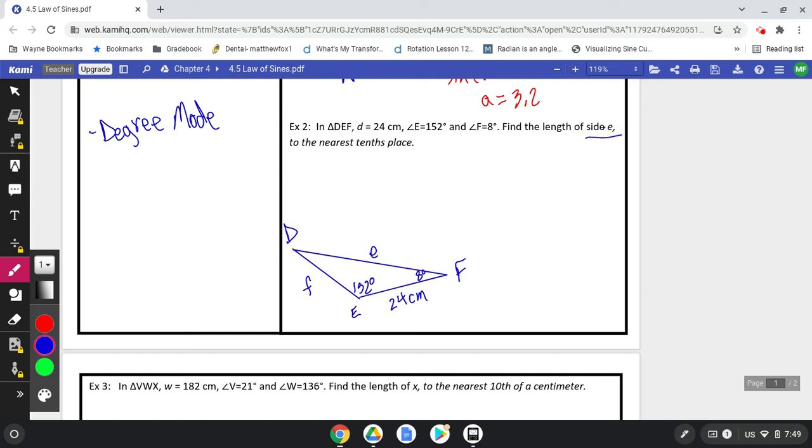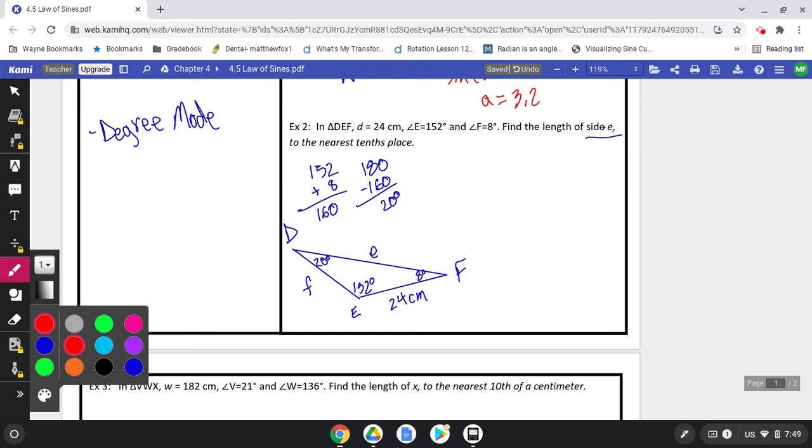All we have to do is take the 152 plus the 8. That gets us 160. All 3 angles add up to 180, so we can subtract that 160 from 180. Left with 20 degrees. That goes right here in the corner. So 20 degrees.